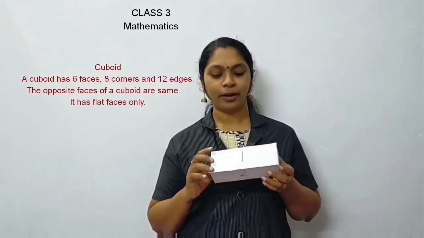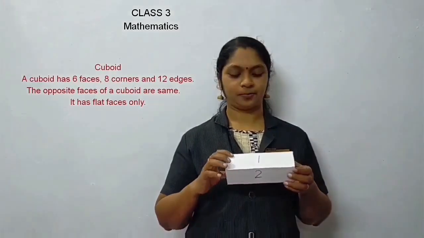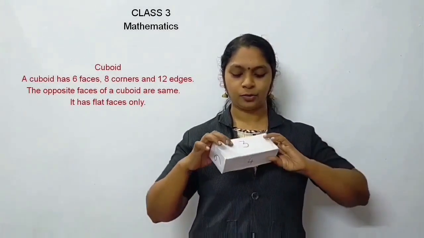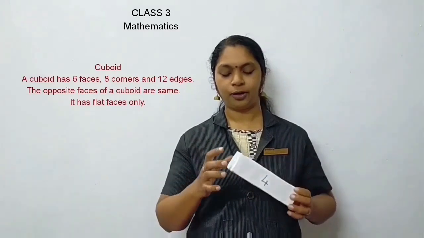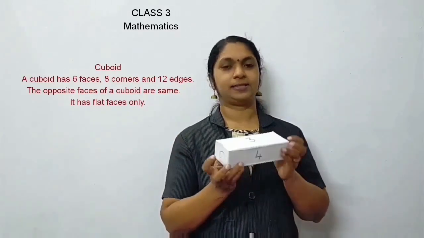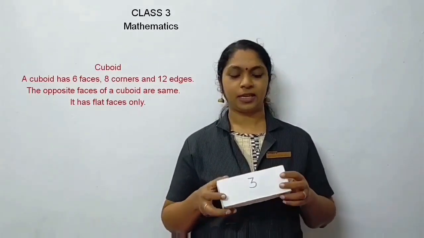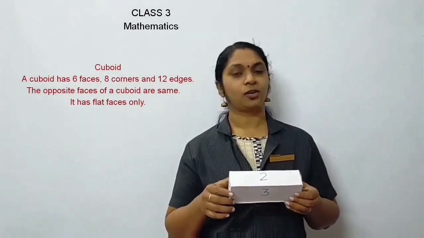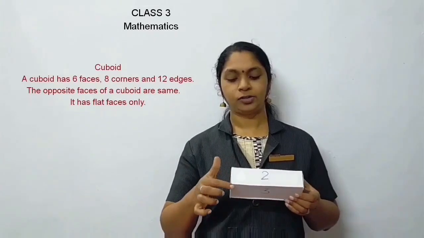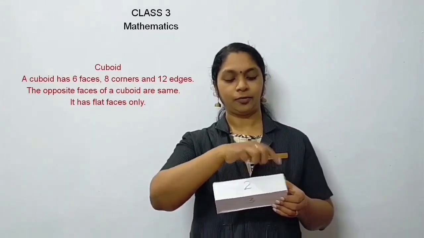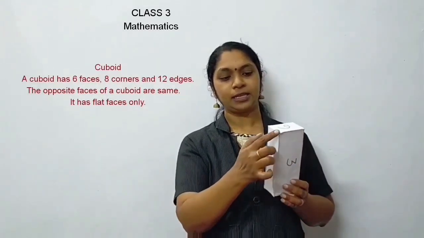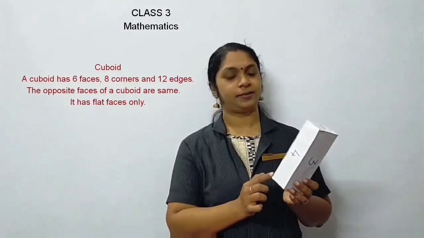A cuboid has 6 faces. 1, 2, 3, 4, 5, 6. It also has 8 corners. 1, 2, 3, 4, 5, 6, 7, 8.